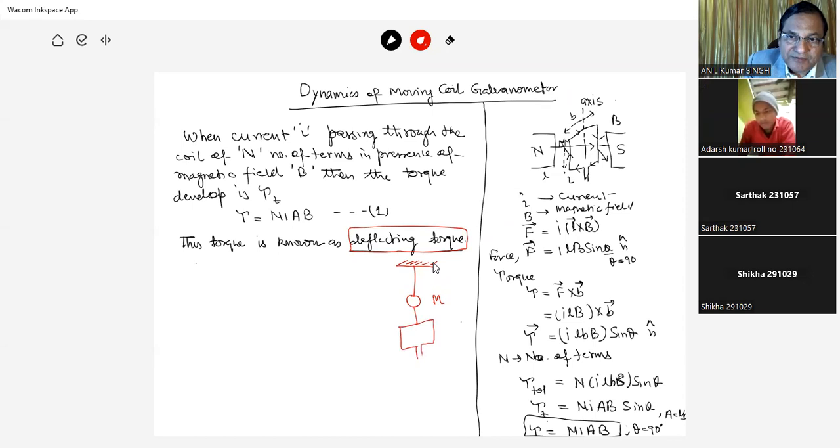This is the coil, and here are the magnetic pole pieces, north and south. So there is a magnetic field B here, and here is the current, flowing in this way. This one is the length L. This is the torque produced in this case.